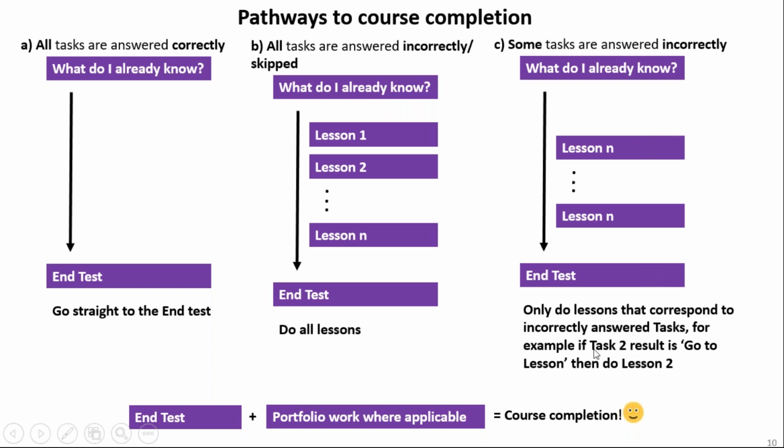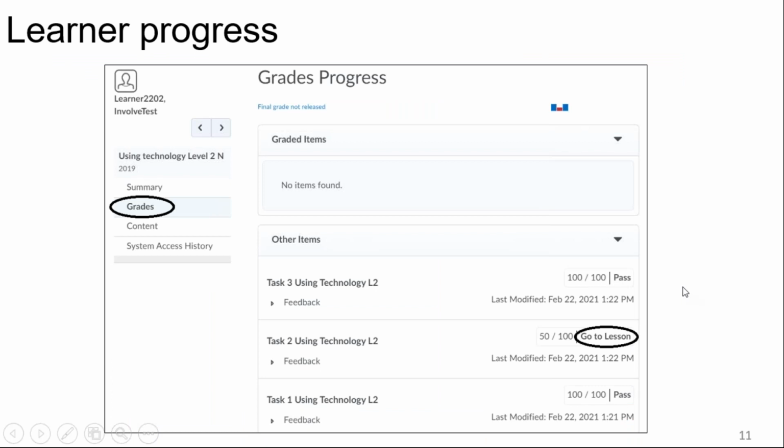So, for example, if I got task 2 wrong, a result would come up called Go to Lesson, then I would need to go and do lesson number 2. The learner will be able to see this progress themselves, and I'll show you how you as tutors can see this. So for example, here there's a view of grades. We can see there's 3 tasks for this course using technology.